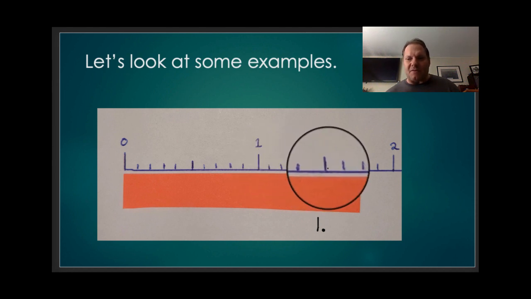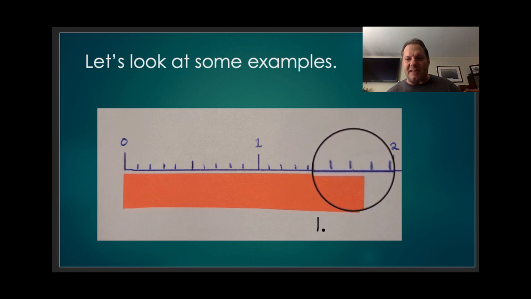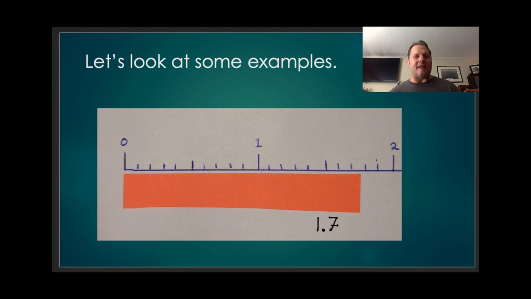Well, here's 1.5, here's 1.6, here's 1.7. It's past 1.7, but not to 1.8. So I'm absolutely sure that it's 1.7 something. Now the next digit. It's 1.7 what? I don't know. Maybe it's 1.77. That looks close to me.